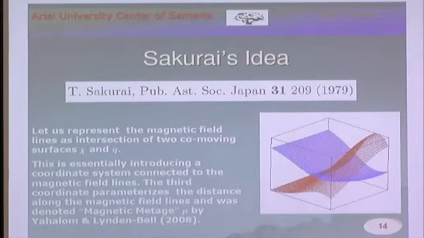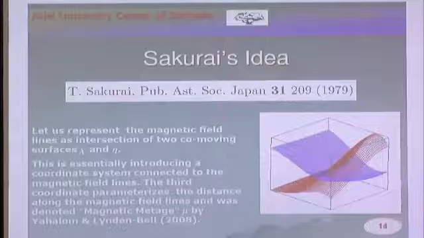Let me start by looking at an idea due to Sakurai. Sakurai suggested to look at the magnetic field lines as an intersection of two co-moving surfaces, chi and eta.